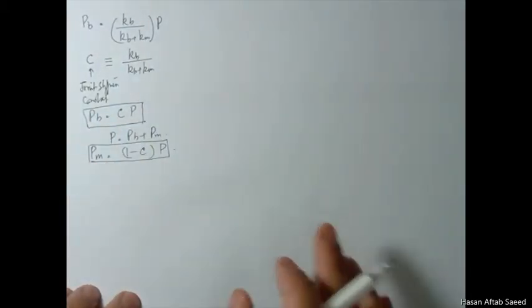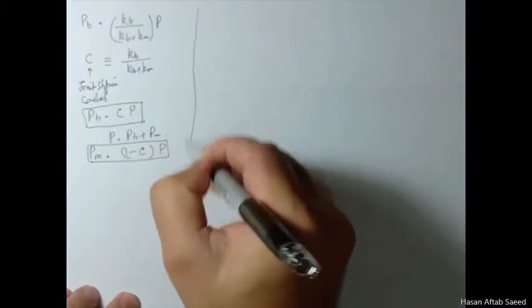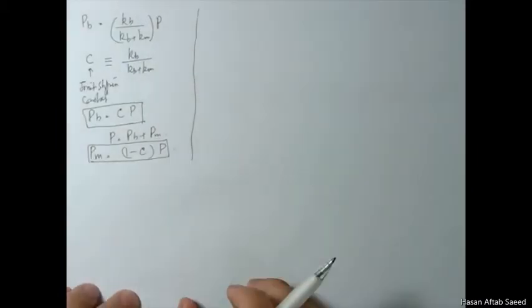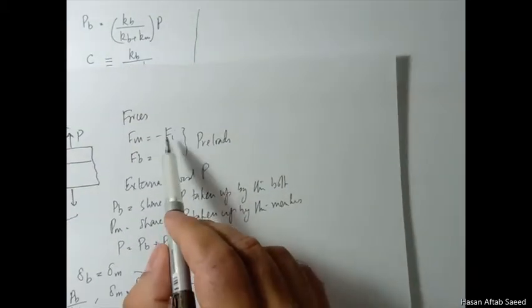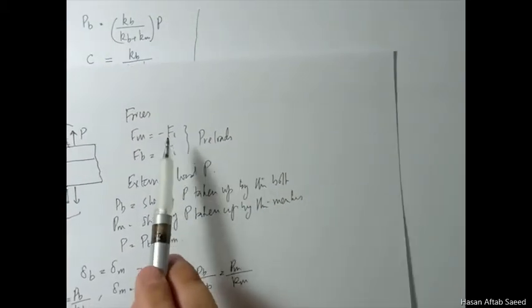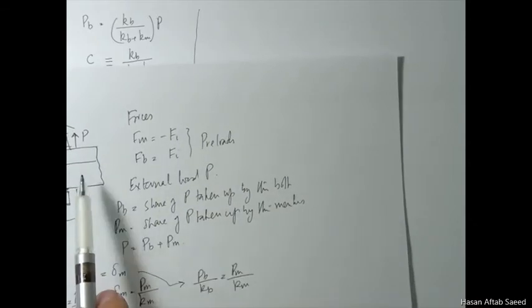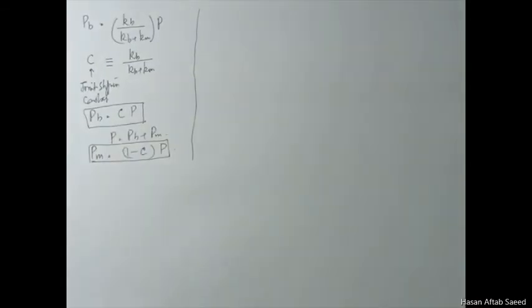Now recall that before this, before the application of the external load, there was already a load there on the members, and that load was the preload. Negative in the case of members and positive in the case of the bolts, but of equal magnitude.